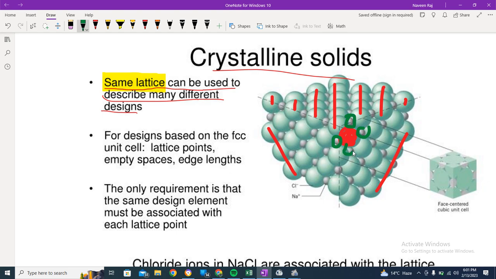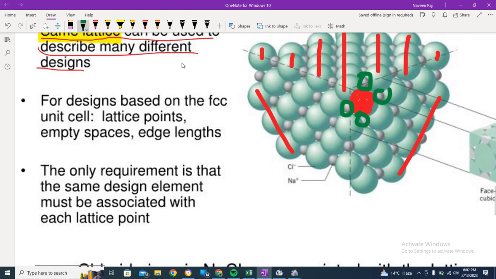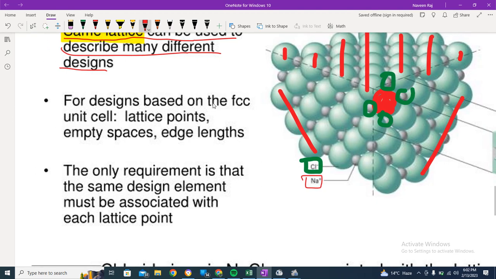The same is everywhere else, and these are all arranged in a way that chlorine is the bigger atom, while sodium is in the middle between them. Okay, this is chlorine, sorry, and this is sodium, right? Sodium is between. This is a particular arrangement. You will understand by looking at more diagrams.